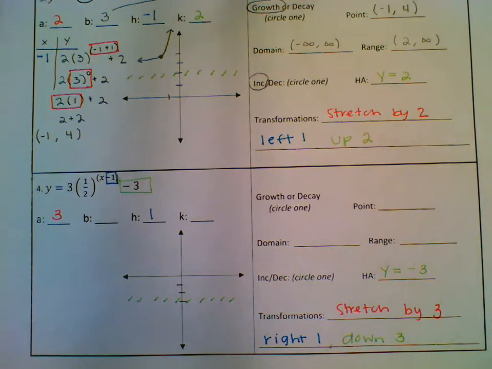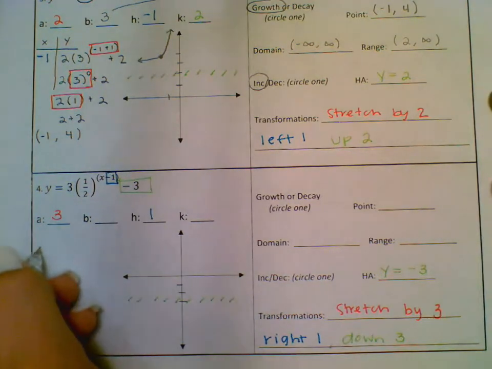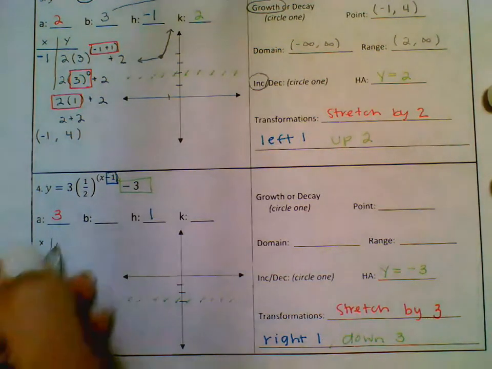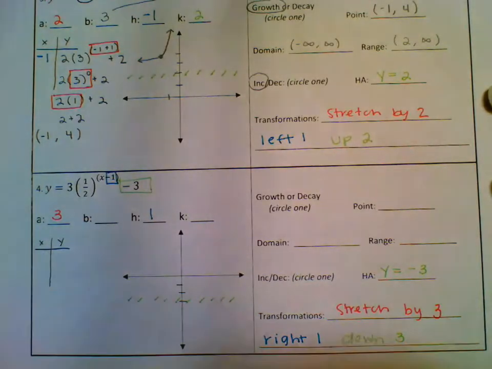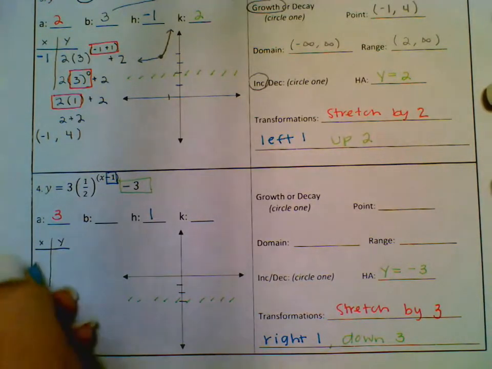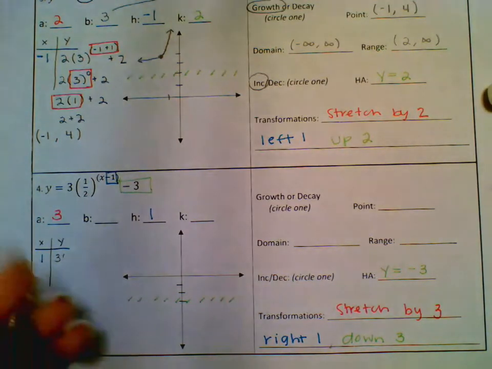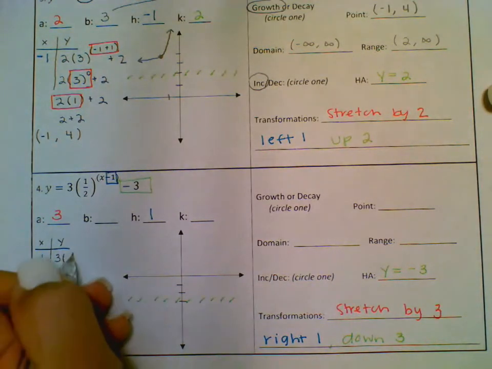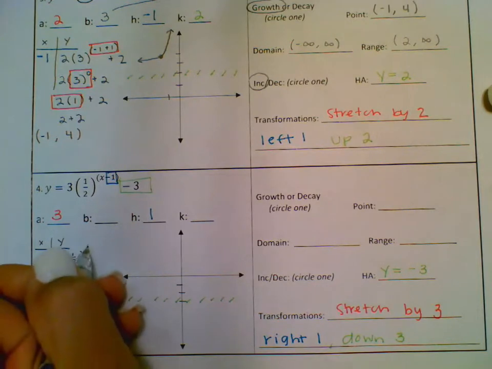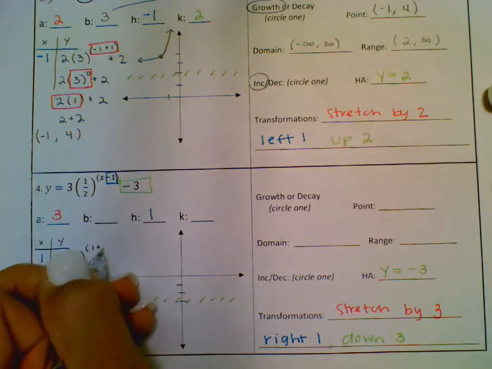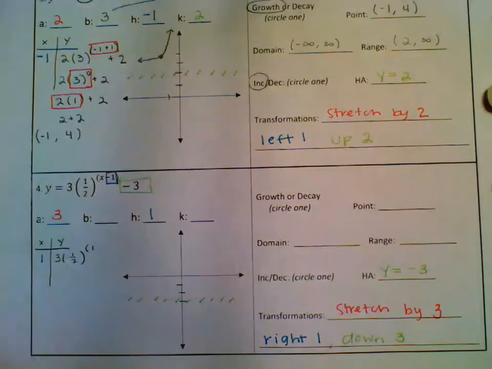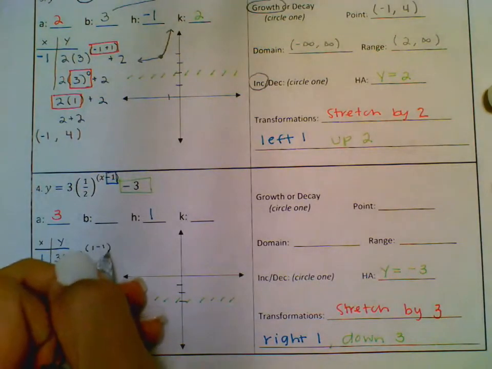All right, now I'm going to find my point. To find the point, I'm using my H value. The H value is 1, and I'm going to plug that in. So 3 times 1/2 raised to the 1 minus 1, minus 3.